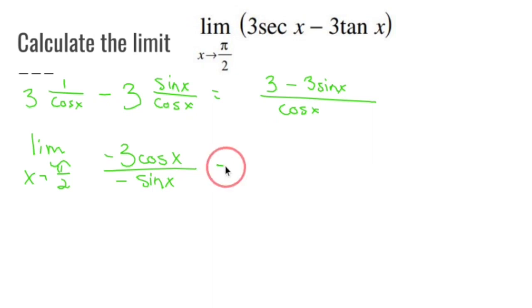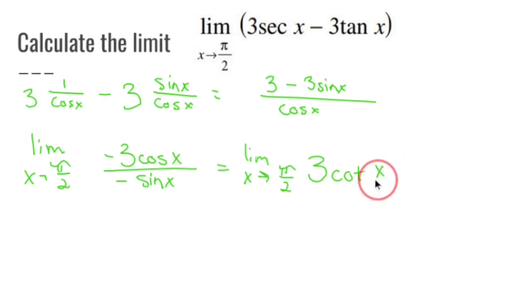So now what I have is, and I'm writing this out knowing that there's a possibility that I might have to keep going, but we'll see. Negative over negative is a positive. I now have 3, and cosine over sine is cotangent. So I have 3 cotangent x.